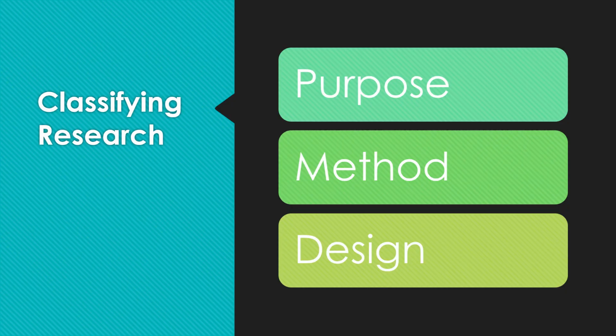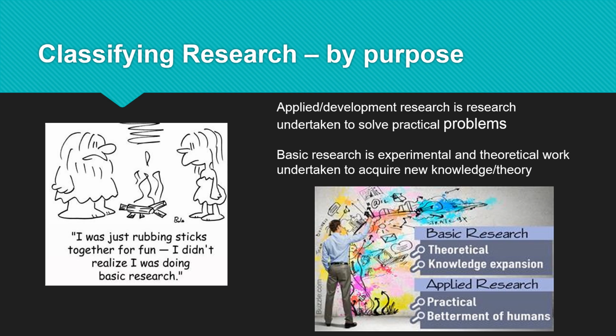Now, in order to classify research, we can look at three points here. We can classify research by purpose, by method, and also by design. If we look at classifying research by purpose, it can be further categorized into two kinds of research. It is applied or development research, which is research undertaken to solve practical problems.